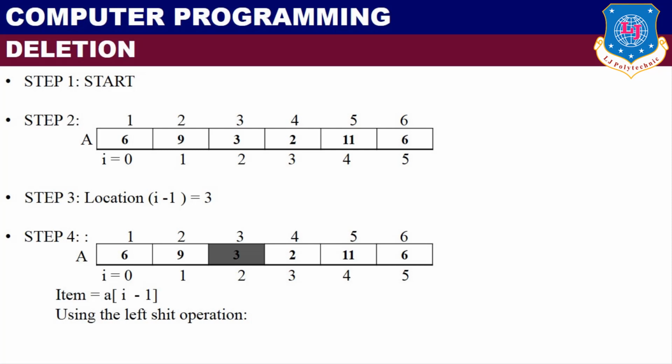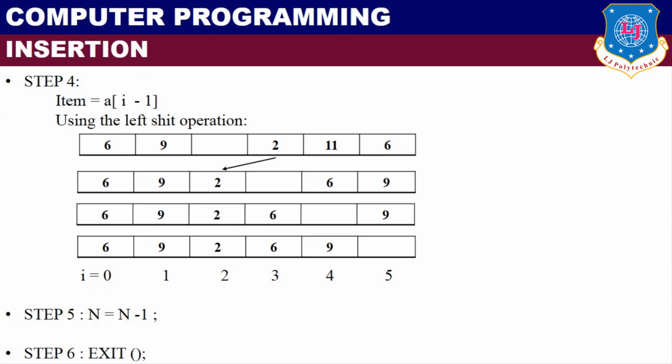Step 2, our array initialization 6, 9, 3, 2, 11, 6. Then at which location or which element you want to delete. So location number 3 is what we want to delete. So we are going to shift the elements using the left shift operation.